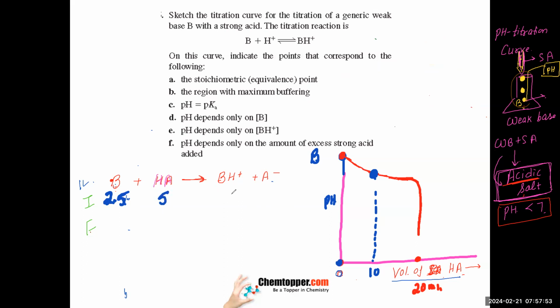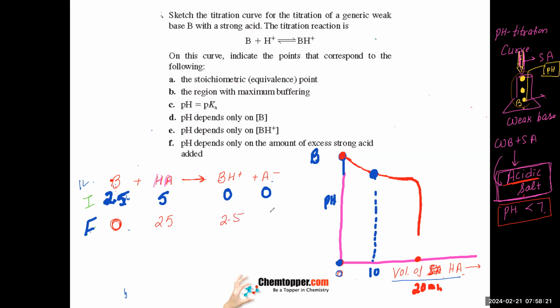Initially, when the reaction has not started, these are 0, 0. Finally, the base, 2.5, will become the limiting reactant, 0. How much acid is left? 2.5. How much BH plus is formed? 2.5.